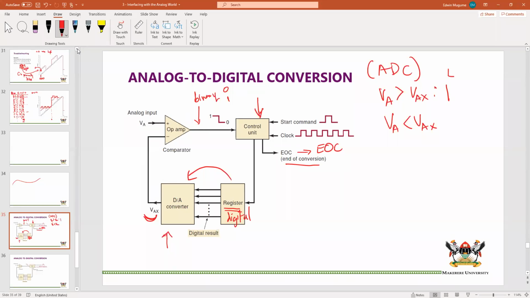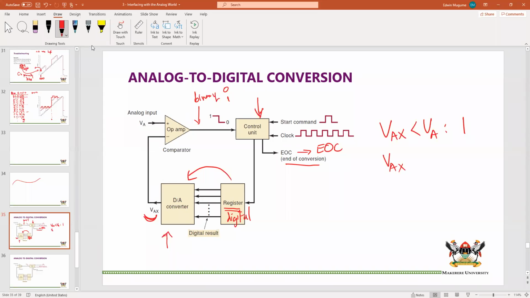Let me rewrite it again. If VAX is less than VA, the output is 1.